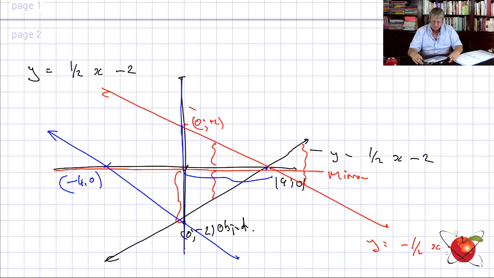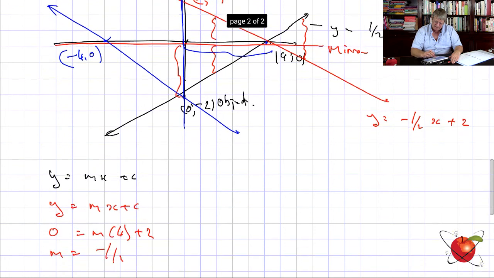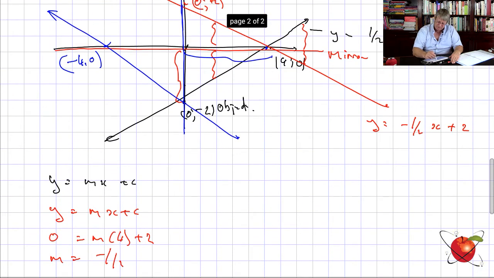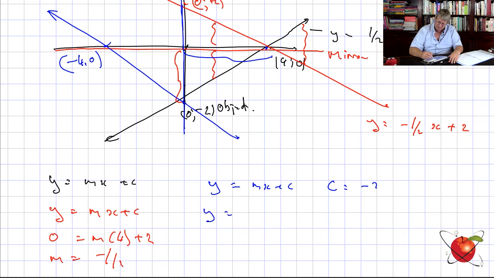So what do we do with this then? Well, once again, we know it's a straight line. So let's do it in blue. y is equal to mx plus c. What do I know? c is minus 2, so put it in. y equals m times x minus 2. There it is, goes through there. And put in the other points that we know. 0 is equal to m times minus 4, minus 2.